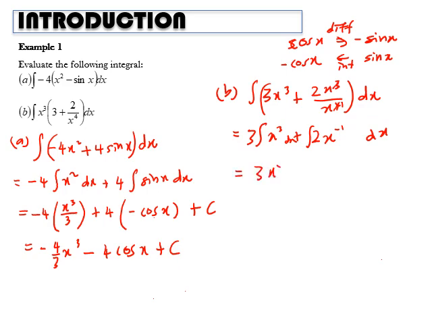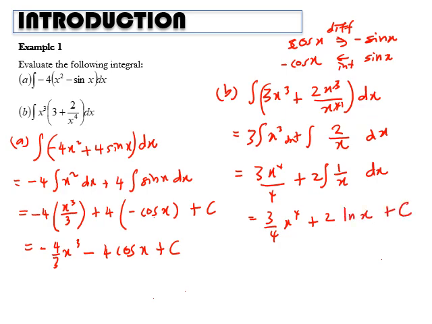We'll get 3x power 4 over 4 plus 2 integrate 1 over x, which is ln x, plus c.